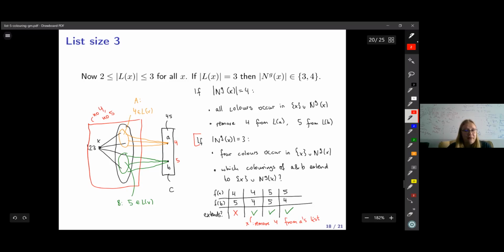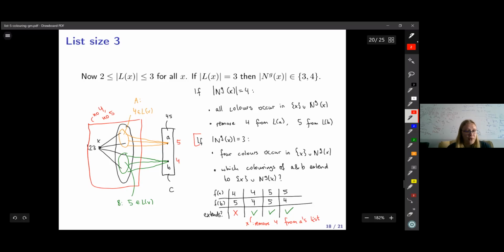And similarly, if 5 and 5 doesn't extend, then I know B must never be colored 5. And if 5 and 4 doesn't extend, well, what is coloring 5 and 4? If this doesn't extend, then I can really say it's not colorable, right? Because coloring this 5 and coloring this 4 does not actually reduce the lists of anyone in the red box.